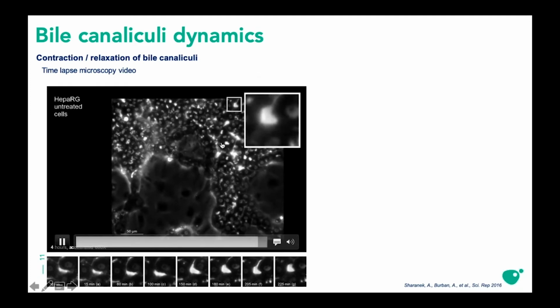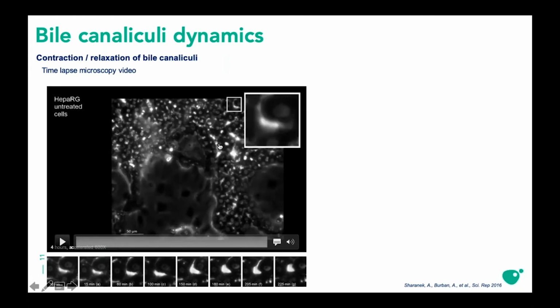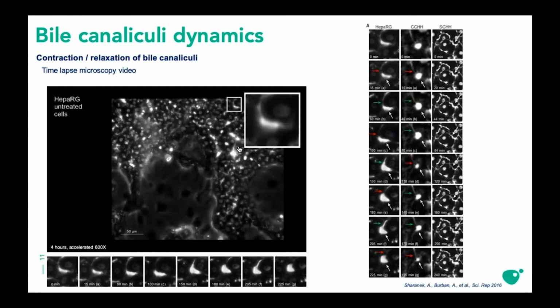Therefore, these spikes are associated with contraction and relaxation of saccular bile canaliculi. Comparison with classical cultured human hepatocytes showed similar rhythmic movements, as we can see here. In sandwich cultured human hepatocytes, although it is possible to see these contraction-relaxation cycles, spikes are not detectable.